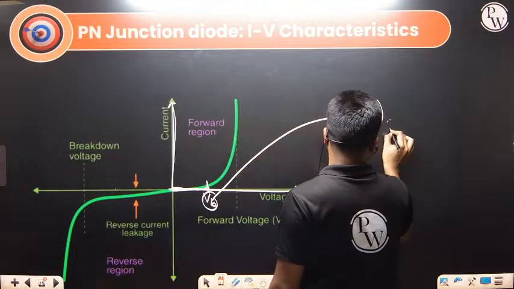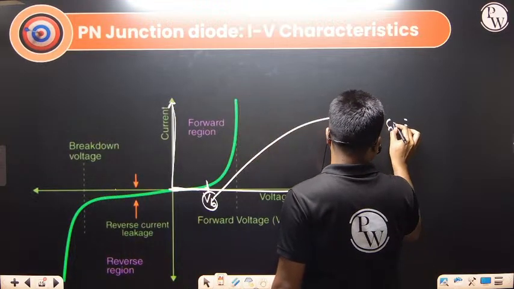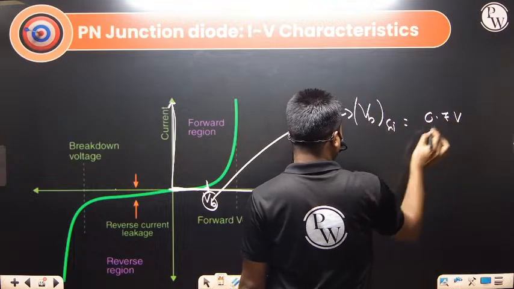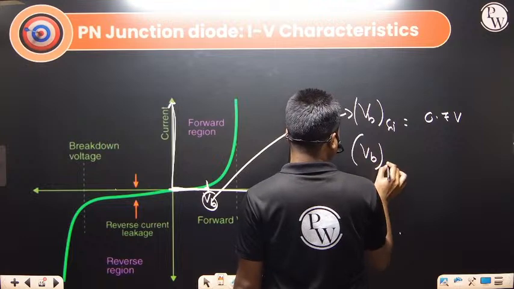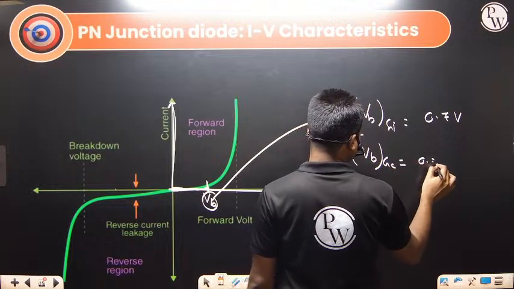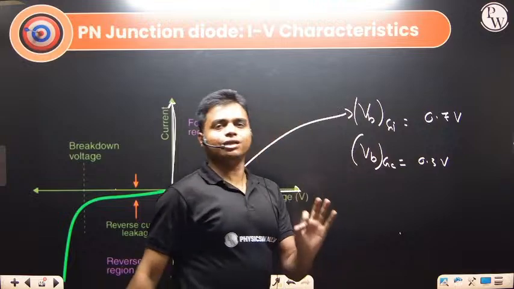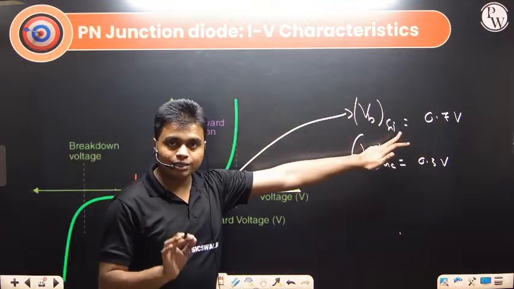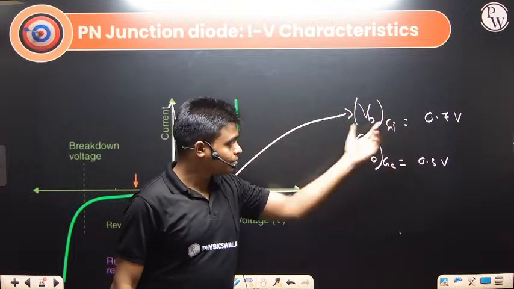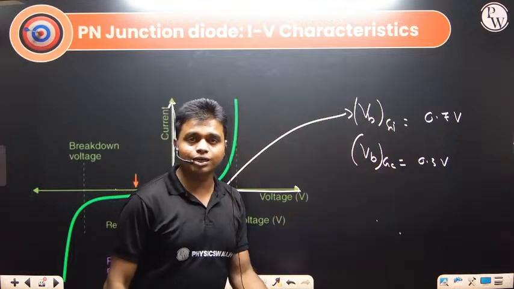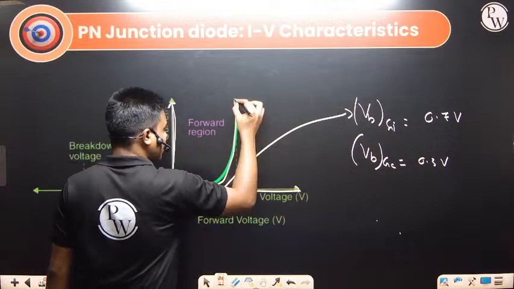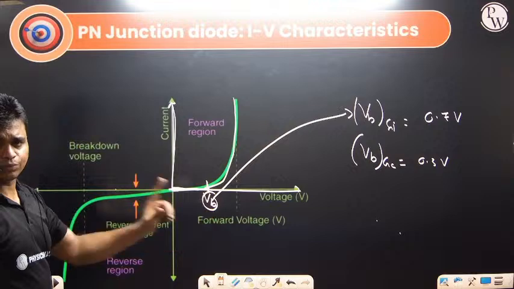For silicon the potential barrier is 0.7 volt, and for germanium it is 0.3 volt. So at least we need a battery of 0.7 volt so that silicon will conduct electricity. For germanium, the minimum voltage required is 0.3 volt. After this potential barrier, the current will start increasing like this, in the forward bias case.